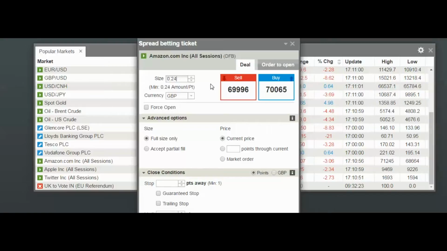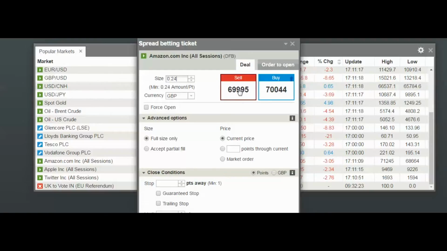and let's say that Amazon's share price fell from $700. So say it was $700, and it fell to $650.